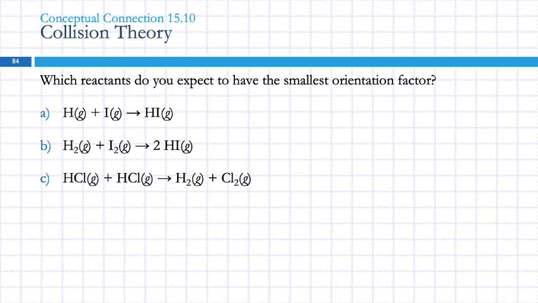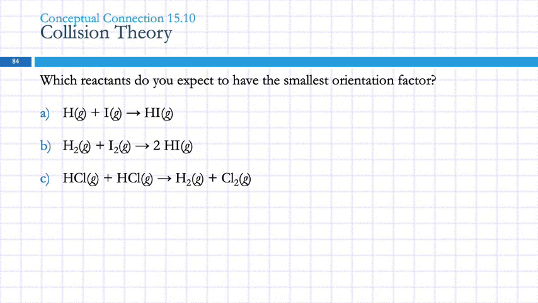So this is going to be between 0 and 1. So if it's 1, it's not going to affect things much at all. And if it's like 0.5 or 0.16, it's going to slow things down, right? So if we need a particular arrangement, we're going to have a small orientation factor. If it doesn't matter, we're going to have a big orientation factor. That's something you have to get straight in your head.